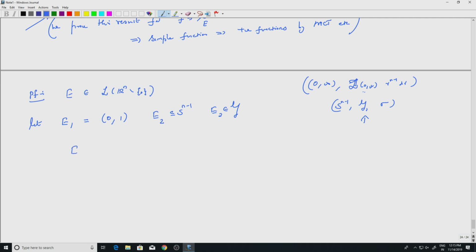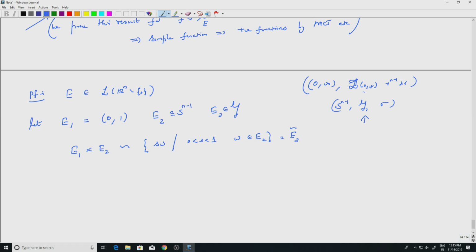So what is E1 cross E2? E1 cross E2 can be identified with the set of sw, where 0 less than s less than 1 and w is in E2. And this is simply the definition of E2 tilde.